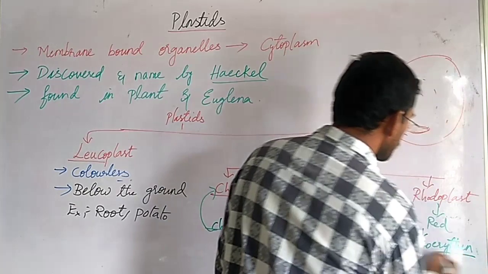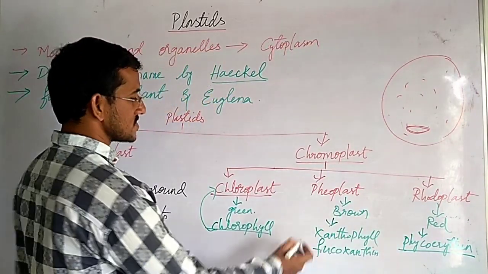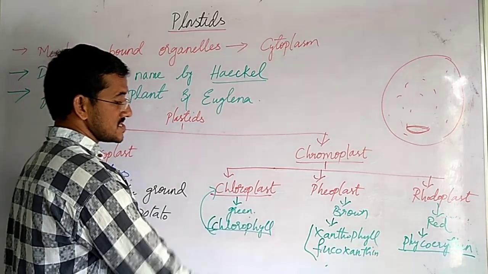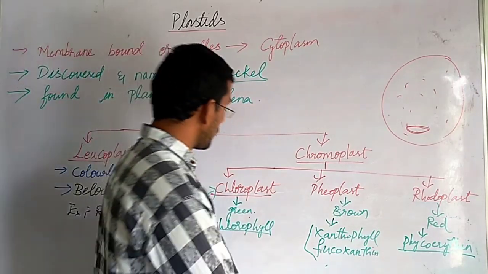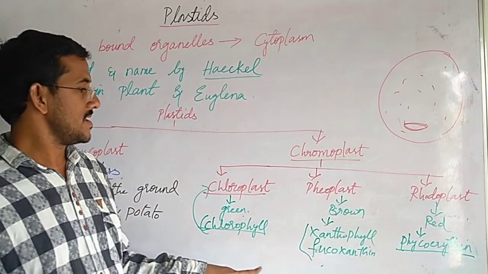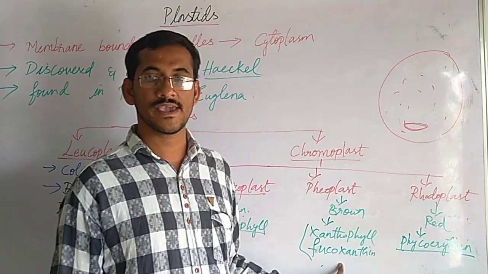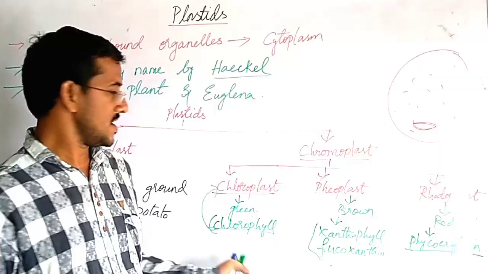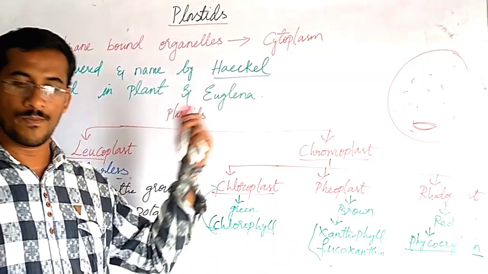Because of this substance, they are red in color. Because of this substance, they are brown in color. Because of this pigment, this is green in color. Here the example is leaf and young stem. Here the example is brown algae, and here the example is red algae. So we are going to discuss chloroplast now.